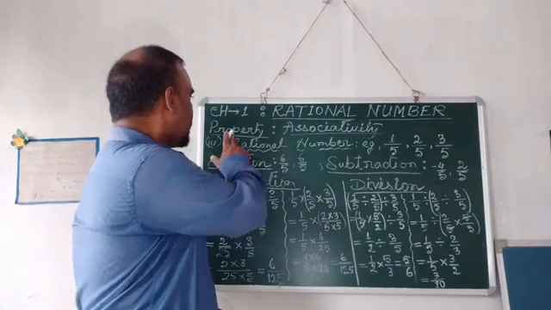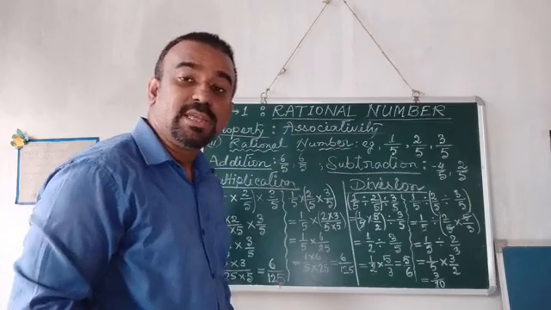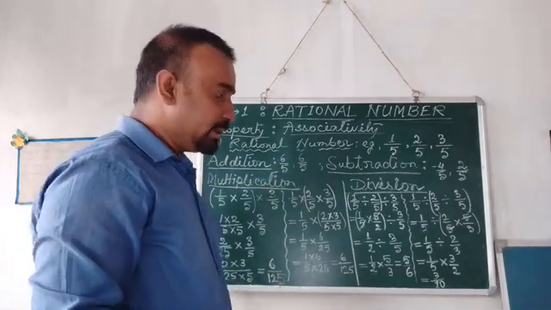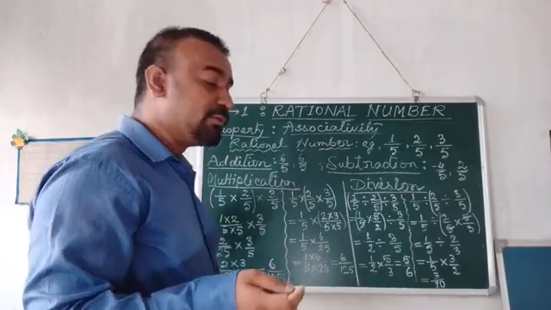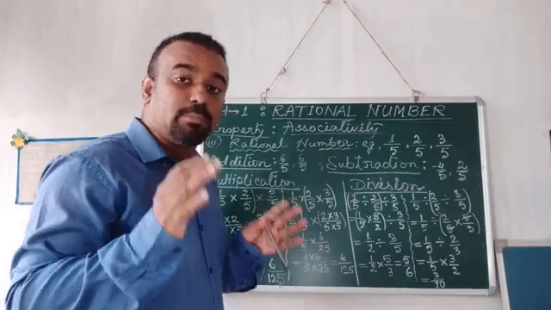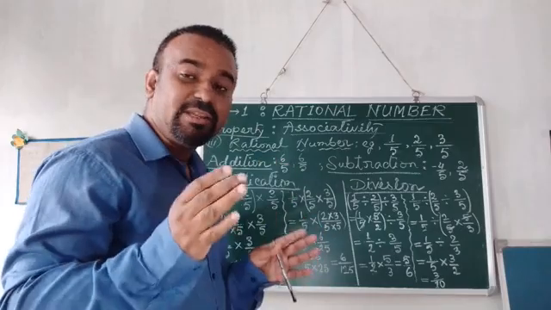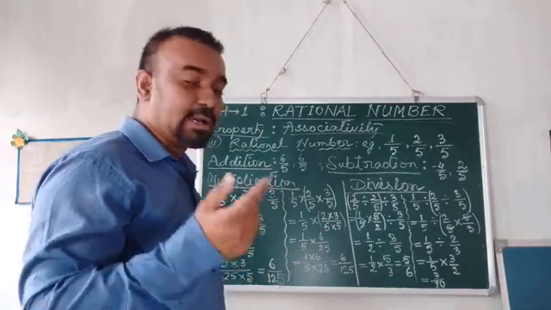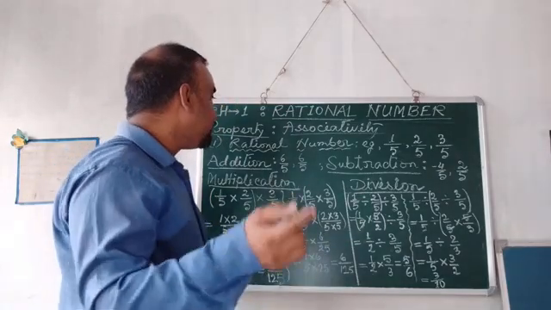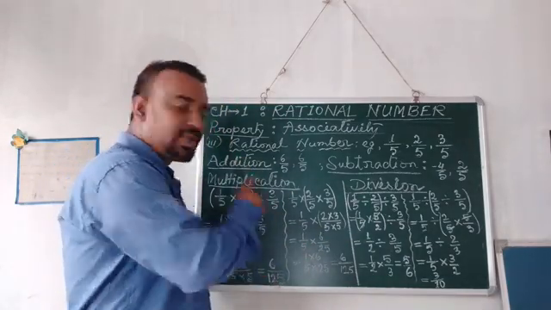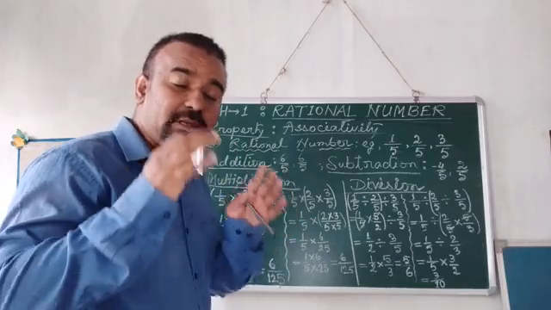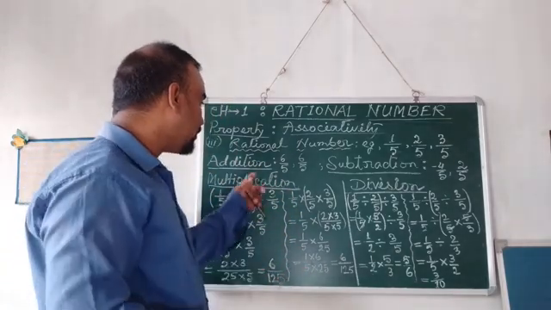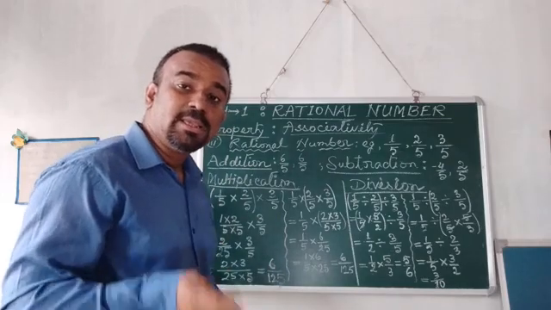For the property of associativity, we have taken rational numbers, 3 examples of rational numbers. We have put the brackets in different styles and seen what results come out. When we added the rational numbers by putting the brackets in different styles, we found that the results are the same.